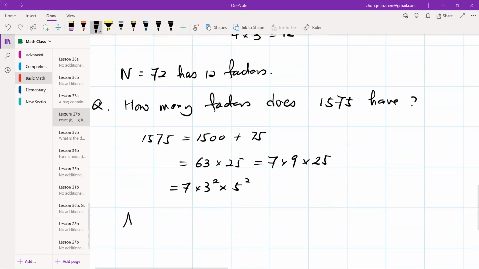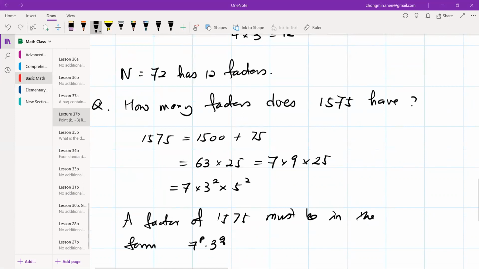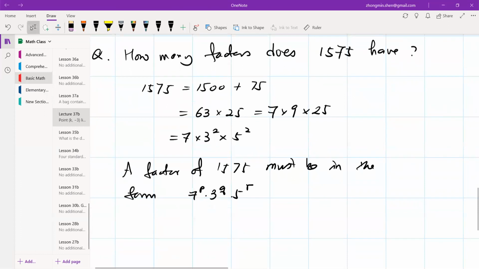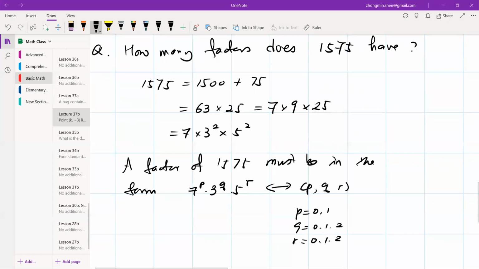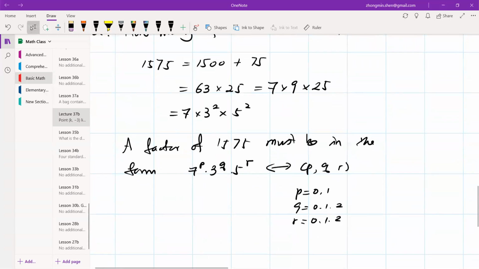So a factor of this number must be in the form 7 to the p, 3 to the q, and 5 to the power r. This is a one-to-one correspondence with these triples of numbers, where p can be 0 or 1, q can be 0, 1, or 2, and r can be 0, 1, or 2. So there are 2 choices for p, 3 choices for q, and 3 choices for r.